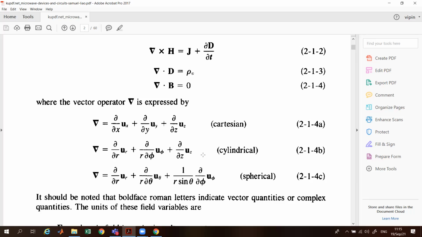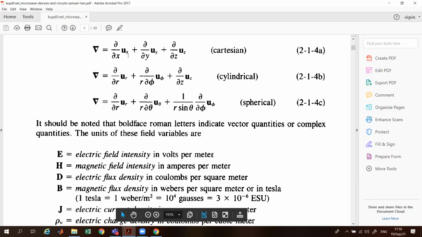In a similar way, in cylindrical form we have r, phi, and z, so it will be ur, u phi, and uz. In terms of spherical, it will be r, theta, and phi, so it will be d by dr of ur plus 1 upon r d by d theta of u theta plus 1 divided by r sine theta d by d phi of u phi in spherical format.